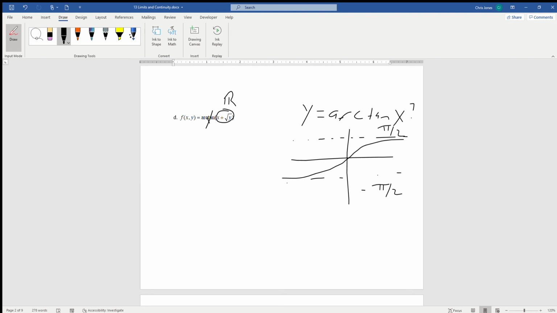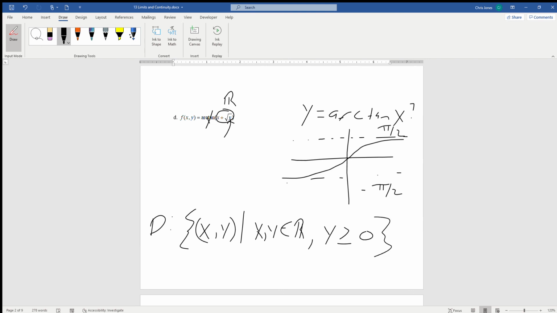However, in the interior, we know that we can't have anything smaller than 0 for y. x can be any real number. So here's our domain: (x, y) such that x, y are real numbers, however, y has to be greater than or equal to 0.